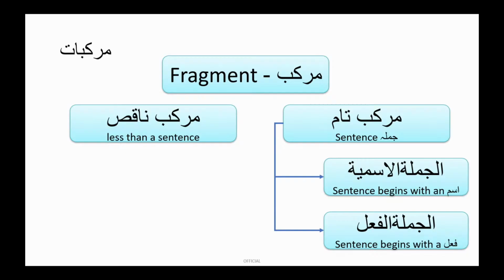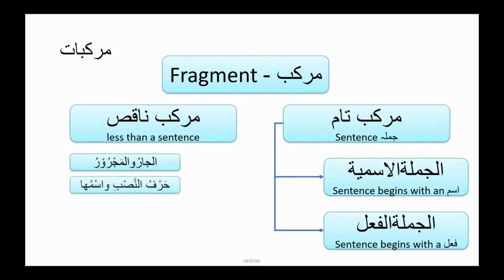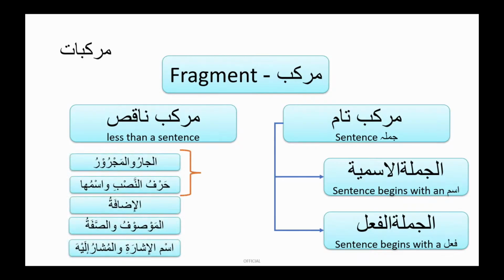With respect to the fragment, there are 5 fragments. The first 2 are the relation between an ism and a harf. The first one is called jar majroor. You don't need to know all these terms, we are quickly going through them, but later we will study them individually in detail, inshallah. Then the other type is huruf and nasab and their ism.